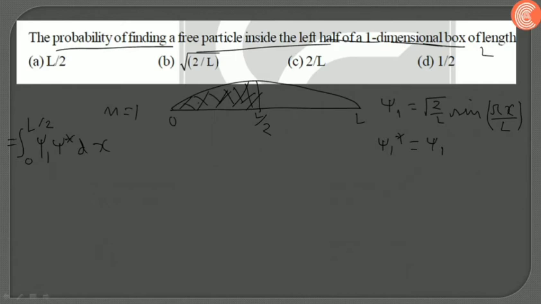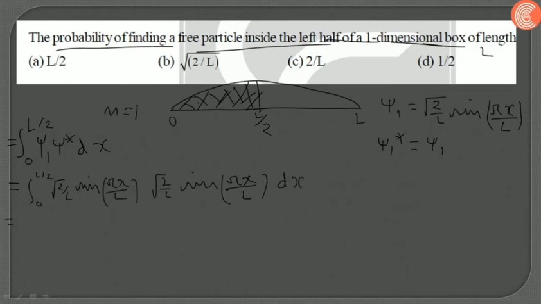Let's solve this integral. The limit is 0 to L by 2. Psi 1 is root 2 by L sine pi x by L, multiplied by root 2 by L sine pi x by L dx.